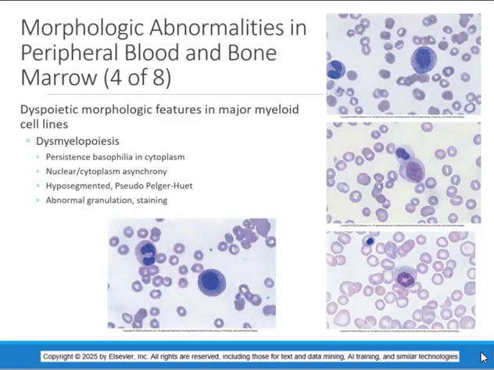So a lot of times we can see what's called hyposegmentation. It's not Pelger-Huet, but it's fake Pelger-Huet. That's what's called the pseudo-Pelger-Huet. So you can see from the pictures there that the nucleus doesn't sort of match the way the cytoplasm is looking, and you can see how the red cells are all over the place.